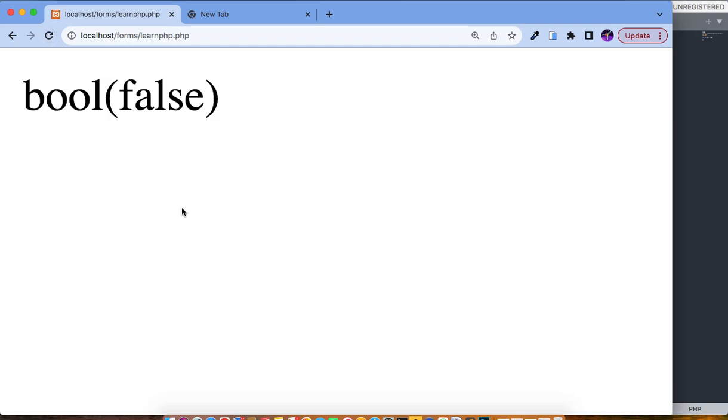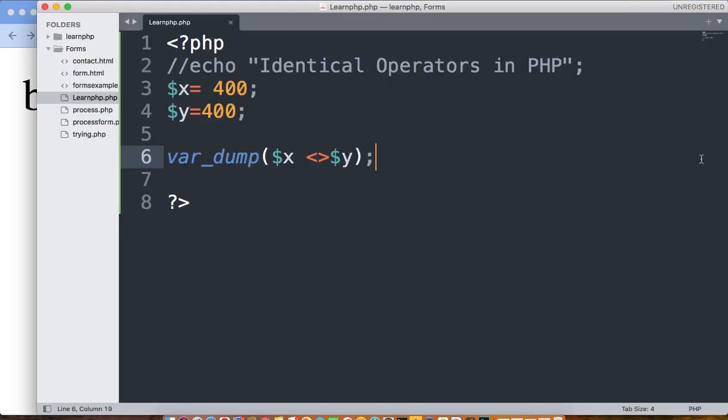So when it is not equal to, it returns true, and false if it is equal to.